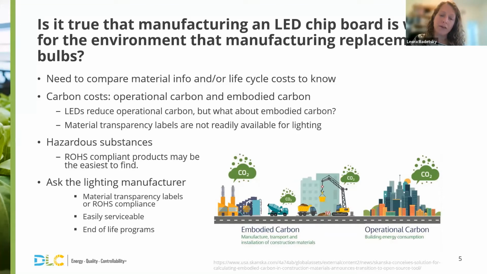And the real answer is they're not readily available for lighting in the US now, let alone for CEA lighting, which is an even more specific use case. So it's worthwhile to ask the manufacturers that you're looking at if they have this kind of data, if they're pursuing this kind of information in the future. But I think honestly, it's going to be 5 or 10 years out until we readily see information from manufacturers.